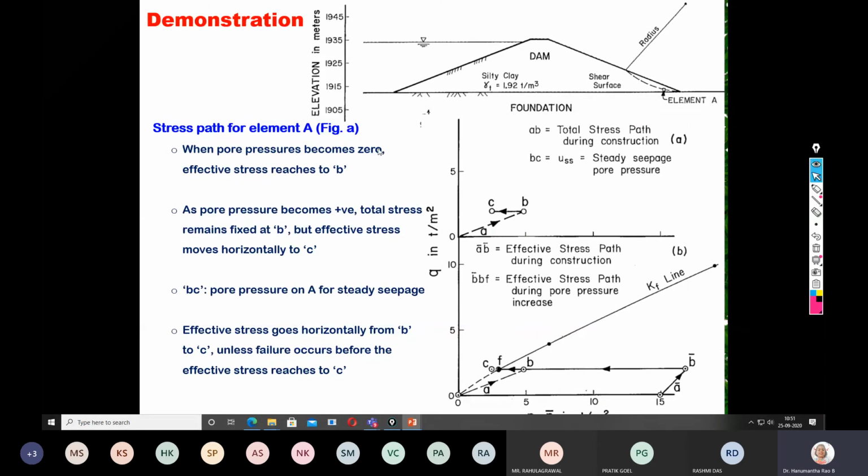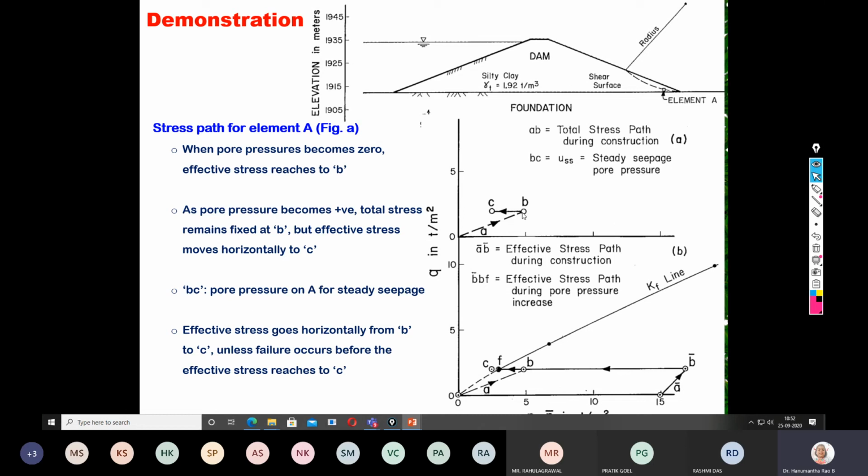When the pore pressure becomes 0, the effective stress reaches point B, and then to C. This is because of the nullification of negative pore water pressure.